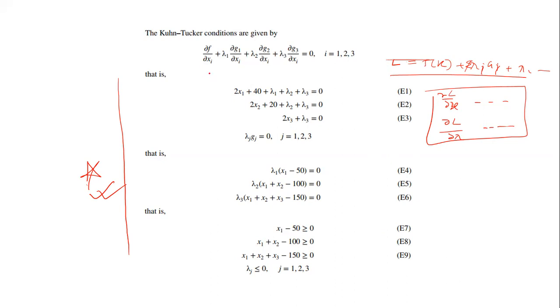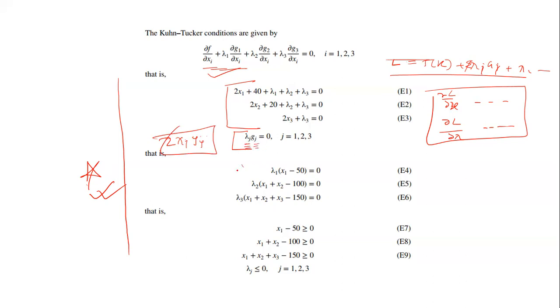So they just find out the condition here, and based on this condition, because we have 3 variables x1, x2, and x3, these are the 3 equations that we obtained. And this is your lambda j g j, which came from the two lambda j g j conditions. So here also you have three conditions. Lambda will be 1, 2, 3.